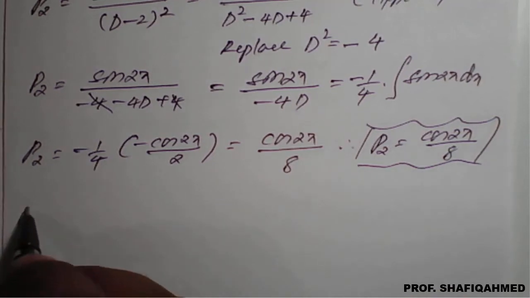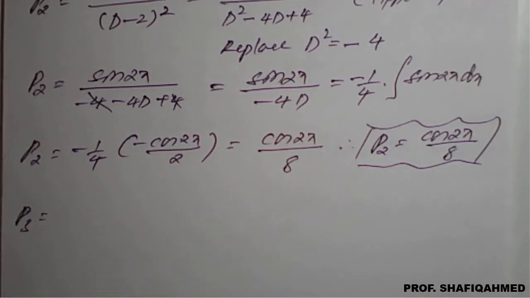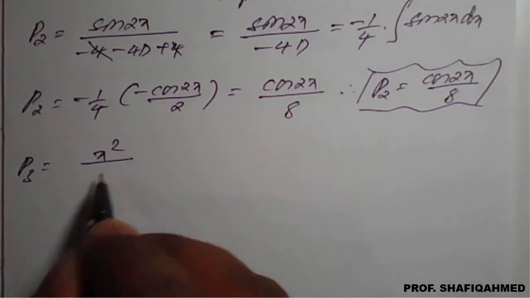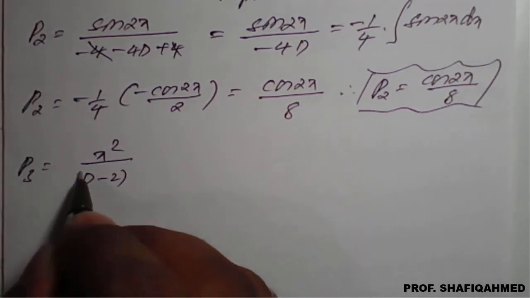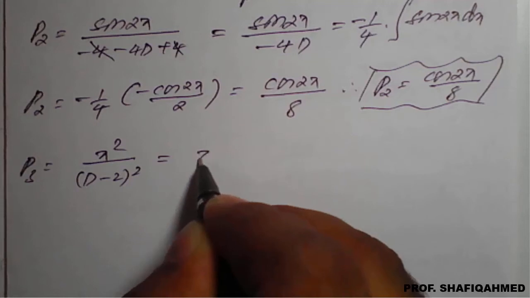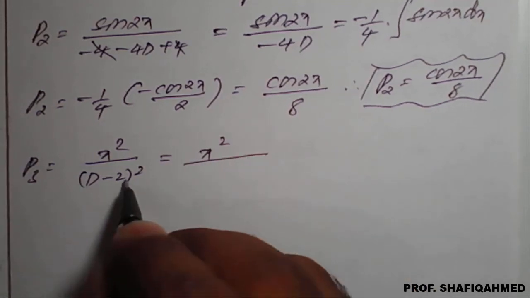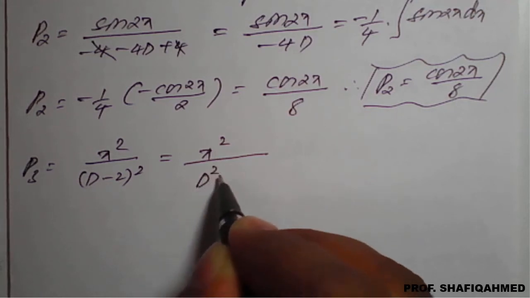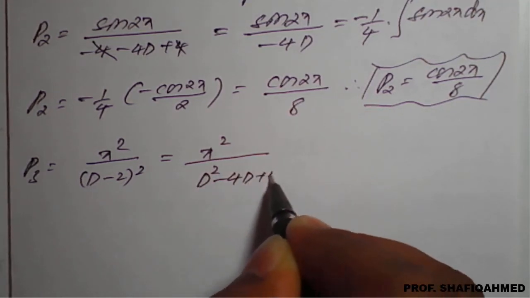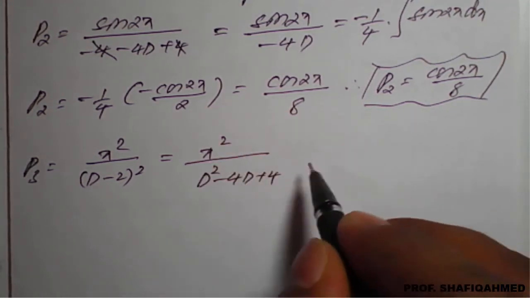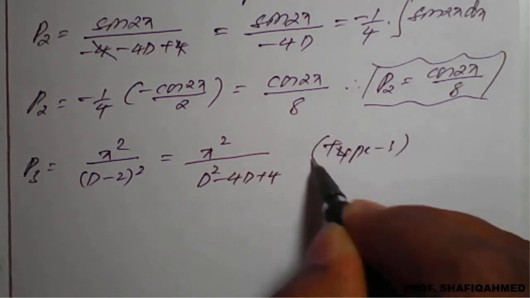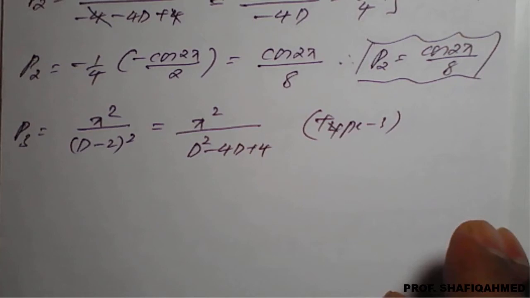Now we'll go for P3. So P3 we have as x square divided by (D minus 2) whole square. I will expand it. It will become D square minus 4D plus 4. So this is type 3, and we need to apply the long division method for this.